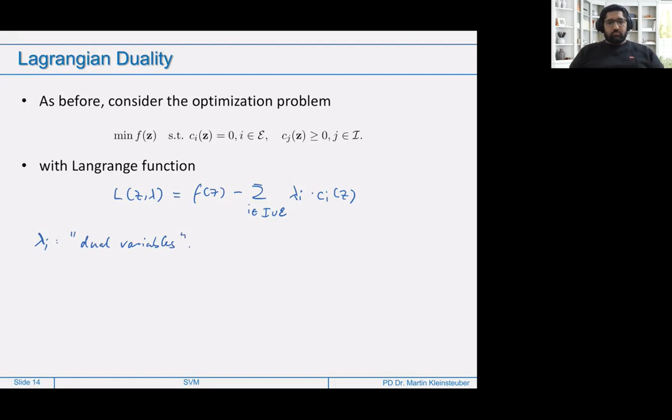Yes. So if we look at this Lagrange function, the Karush-Kuhn-Tucker theorem tells us that the lambda i are non-negative for all dual variables of interest.